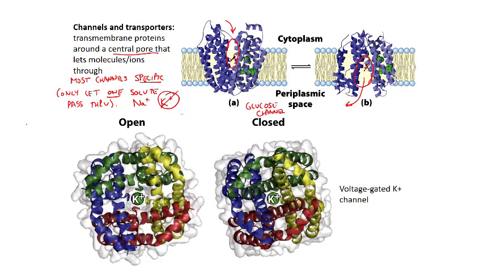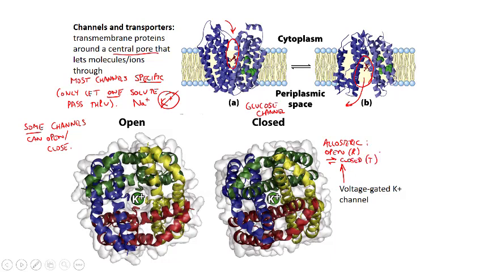So some channels, not all, can open or close. So for example, this voltage-gated potassium channel undergoes an allosteric transition from an open structure, which you can think of as being like the R structure, to a closed structure, which is something like the T structure.